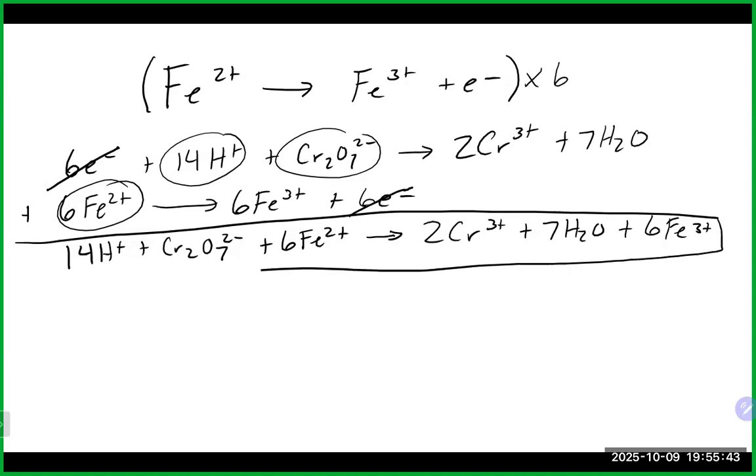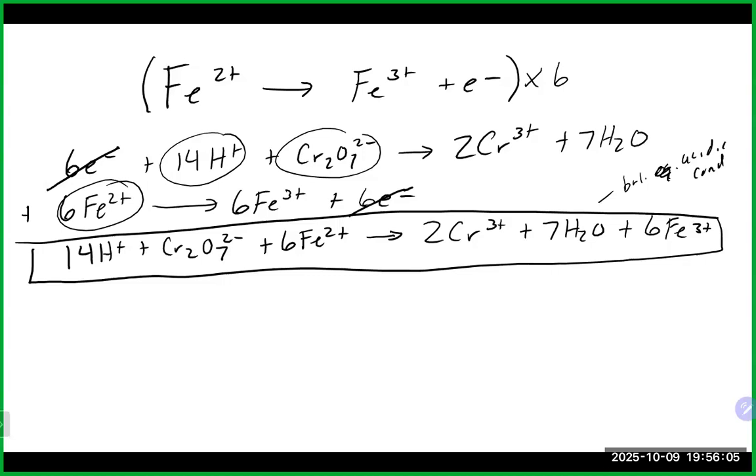Now, if I did not screw up, I should now have a balanced equation in acidic conditions. Now, how should this be balanced? This should be balanced 2 different ways.